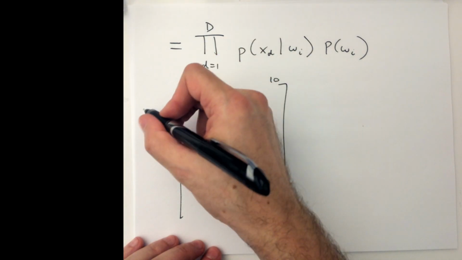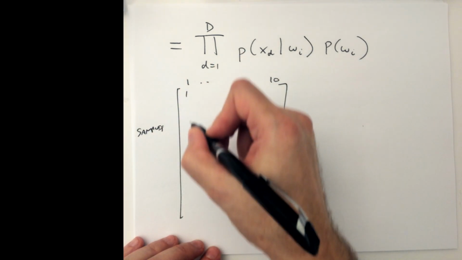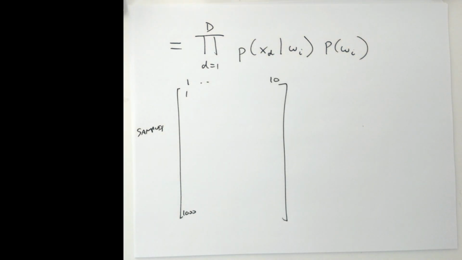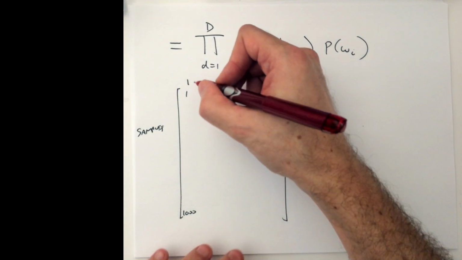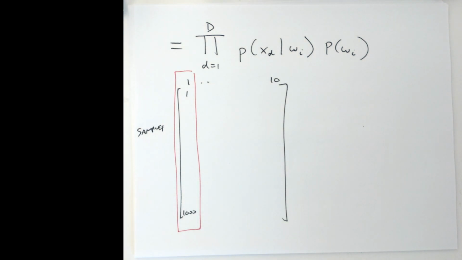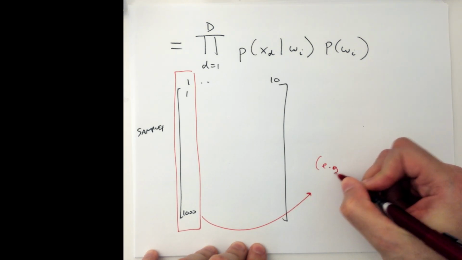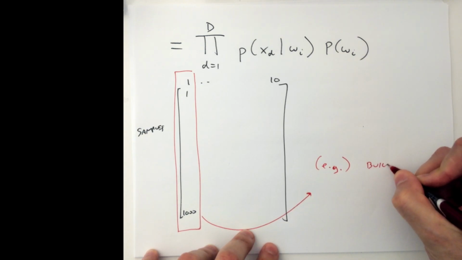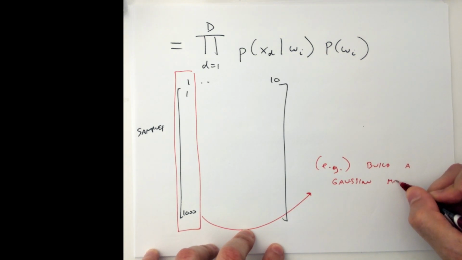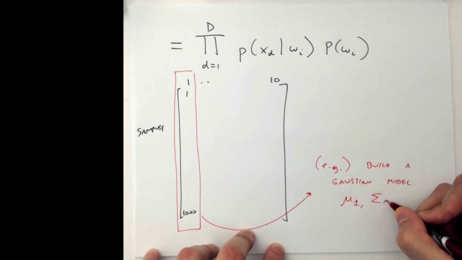And then I have samples from 1 to 1,000, right? So what I would do to do a naive Bayes classifier would be, okay, I'm going to take all of these scalar values for feature dimension 1, and then I'm going to, for example, build a Gaussian model to give me mean 1 and covariance matrix 1.